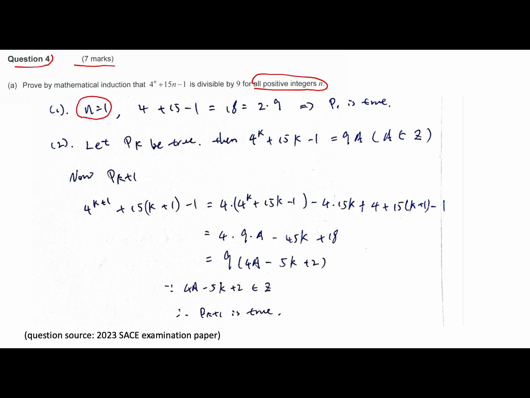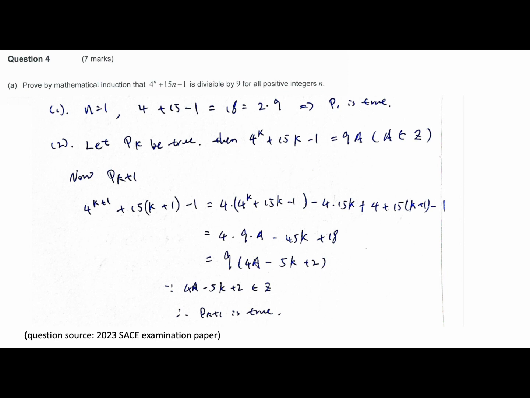Then we use 1 to substitute n in this expression. Then we get 4 plus 15 minus 1 is 18. And then we factorize into a factor of 9, 2 times by 9. Then P1 is true.